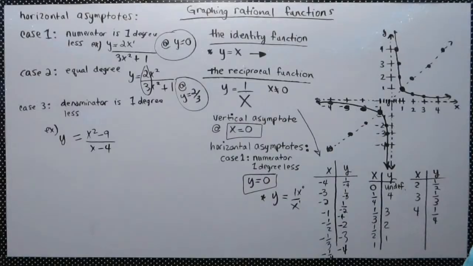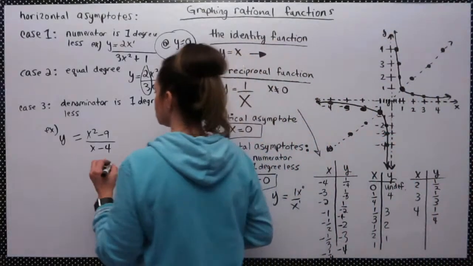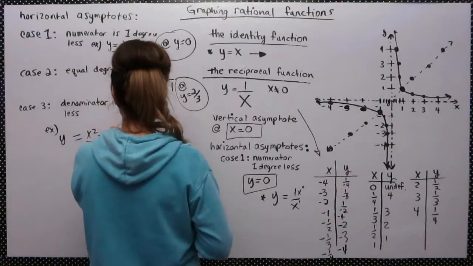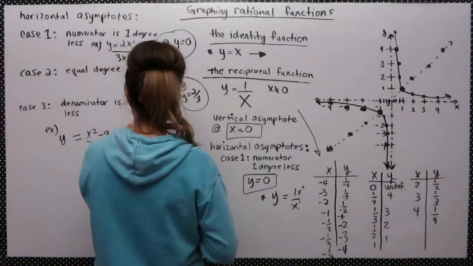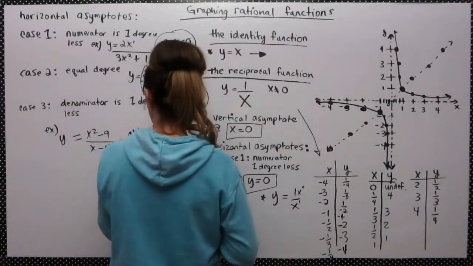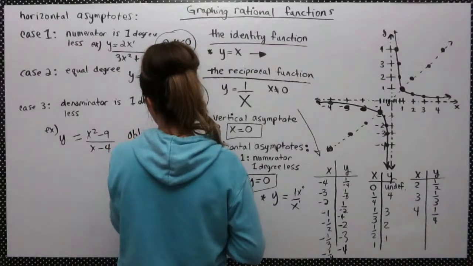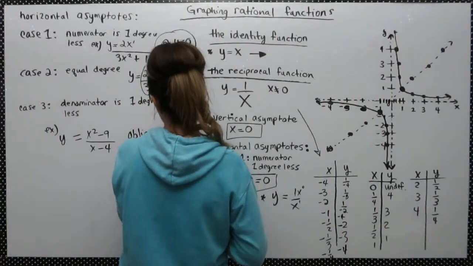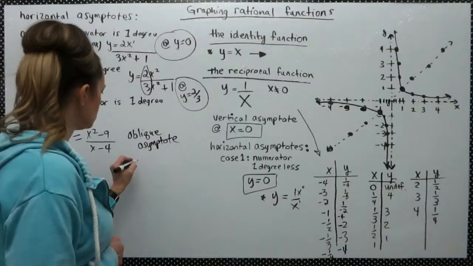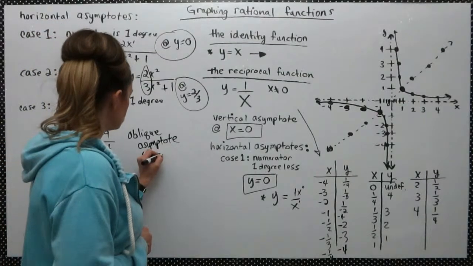Wait, that one was not a good example, was it? Oh yeah, okay, it's fine. Because what happens is that there's an oblique. And what oblique means is slanted. So I'll just put slanted.